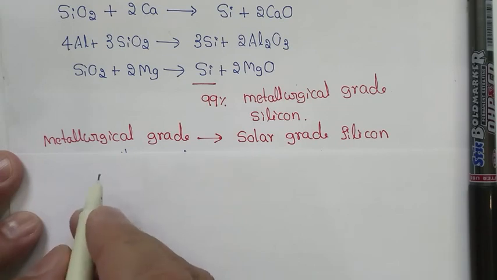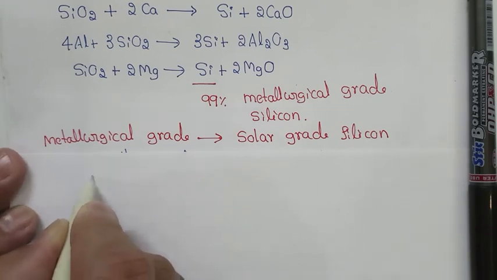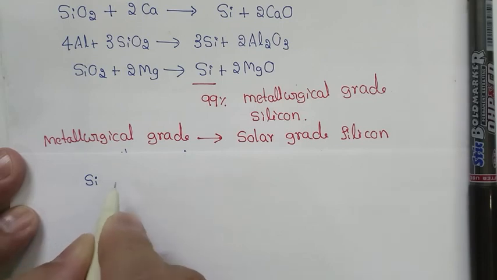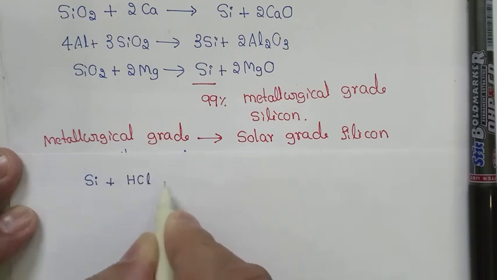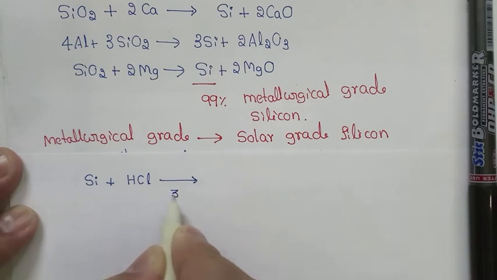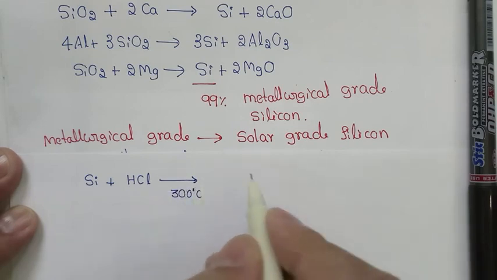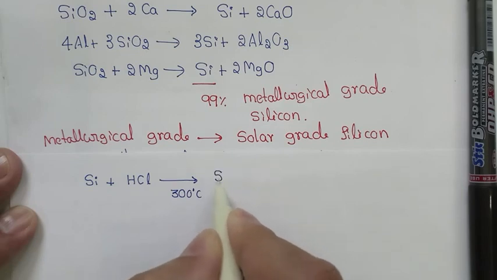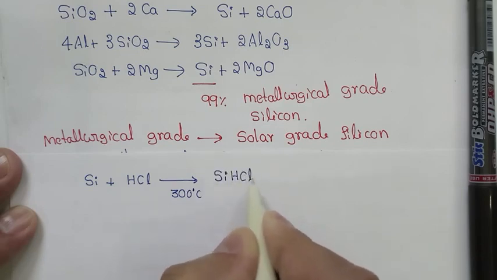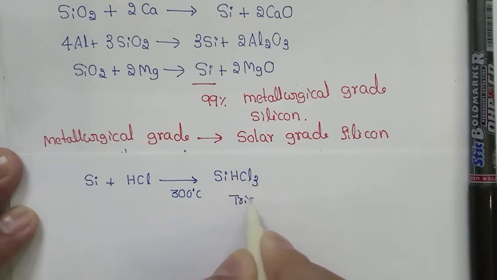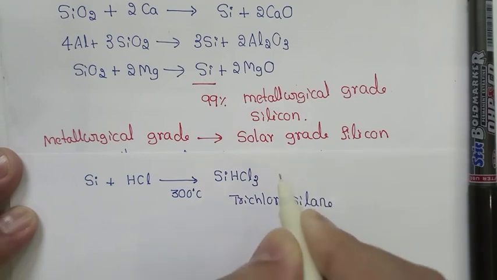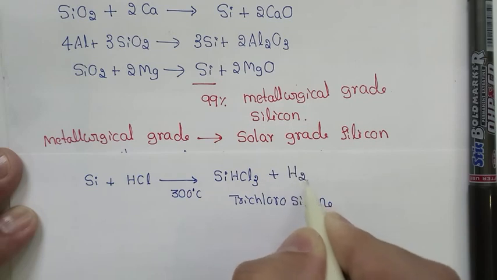Now here the first step is metallurgical grade silicon is treated with hydrogen chloride gas at 300 degrees Celsius, and it is converted into SiHCl3, called trichlorosilane. And of course it gives hydrogen gas.